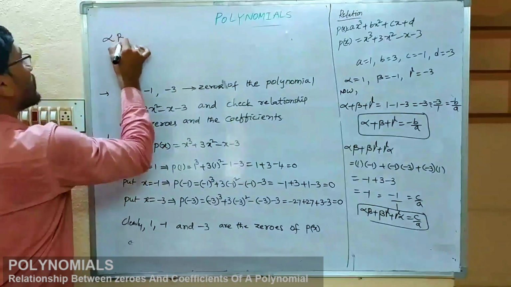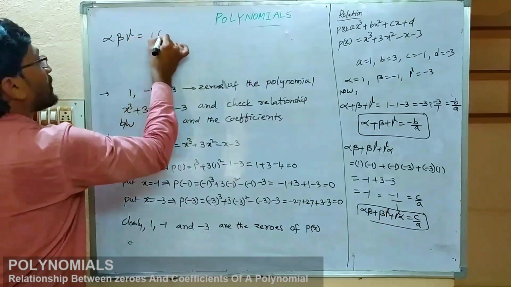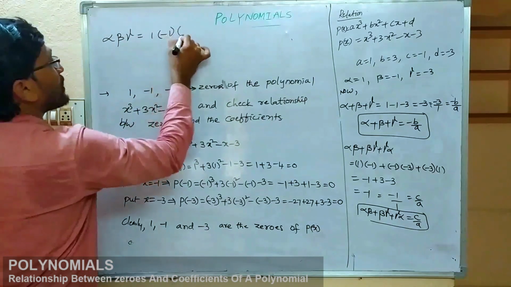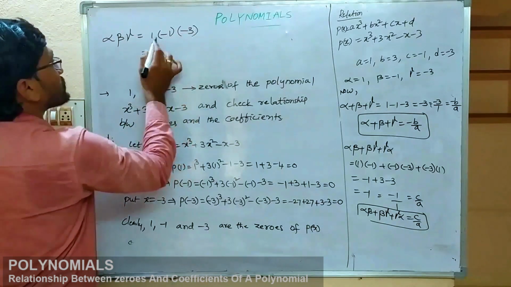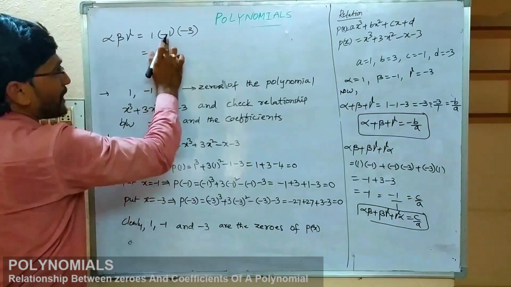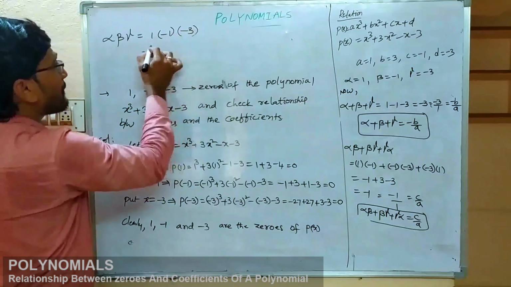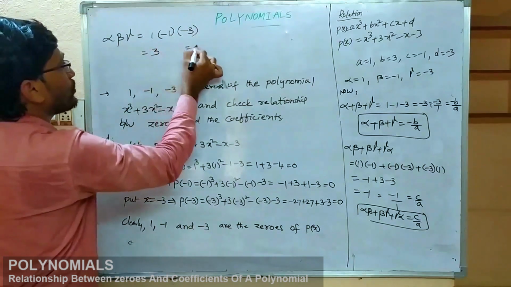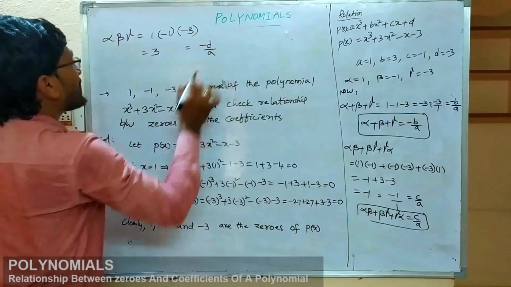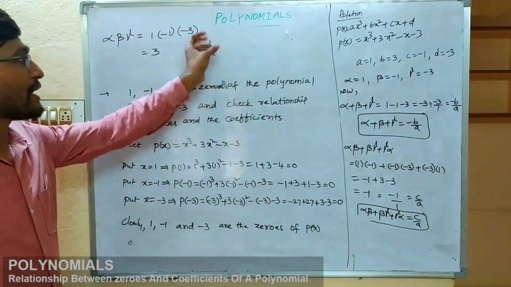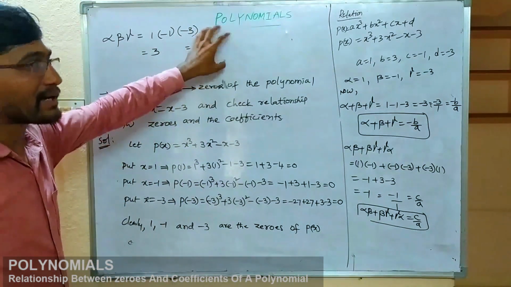Alpha, beta, gamma: alpha is 1, beta is minus 1, gamma is minus 3. So finally 1 into minus 1 is minus 1, minus 1 into minus 3 is plus 3. We have to verify whether alpha beta gamma is minus d by a or not. I am writing here minus d by a directly.